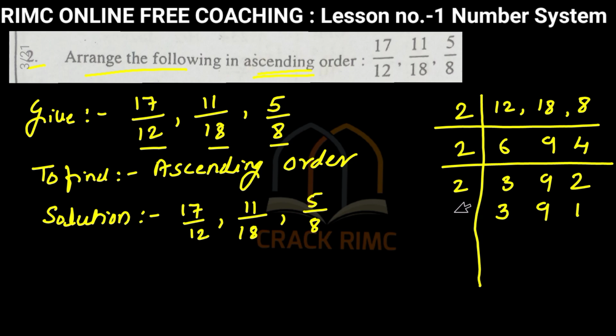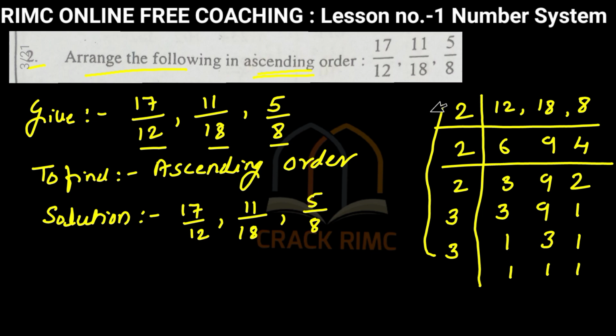So now we will divide it by 3. So 3 ones are 3, 3 threes are 9, and for 1 it will come as it is, 1. Again we will divide it by 3. For 1 it will be 1, 3 ones are 3, so here it will be 1, and for 1 again it will be 1. So we have found these are the factors of 12, 18 and 8.